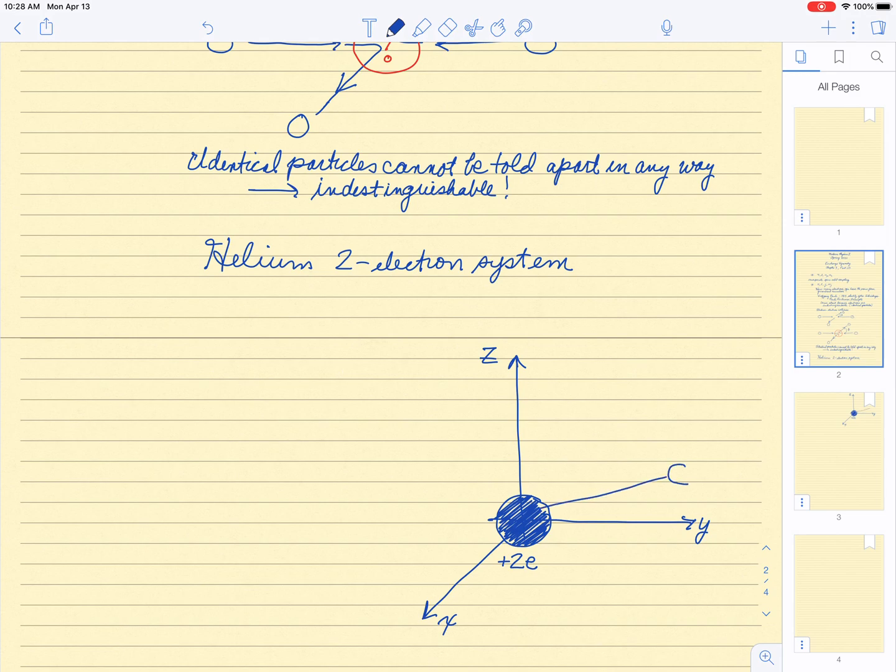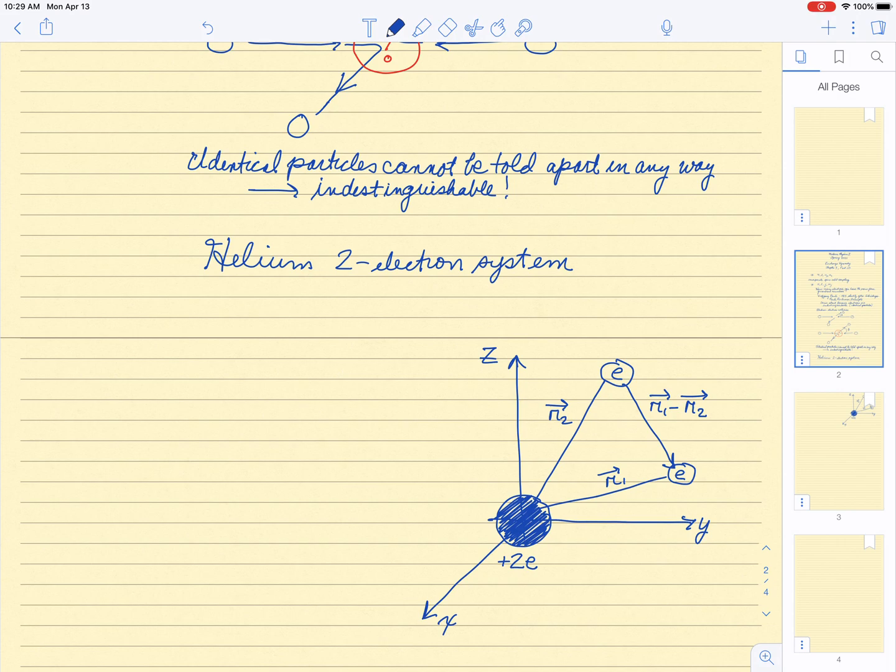We have an electron here at some distance r1 at some instant in time. We have an electron here at r2 at some instant in time. And we have the inter-electron distance, which is going to be r1 minus r2. Okay, so there's our picture, at some instant in time.